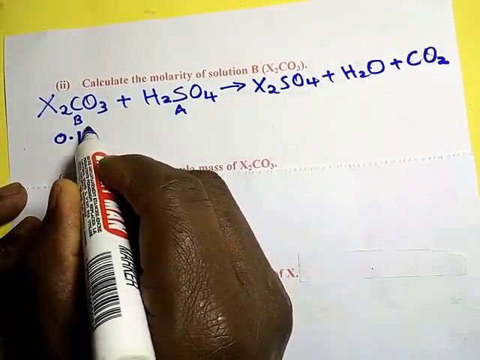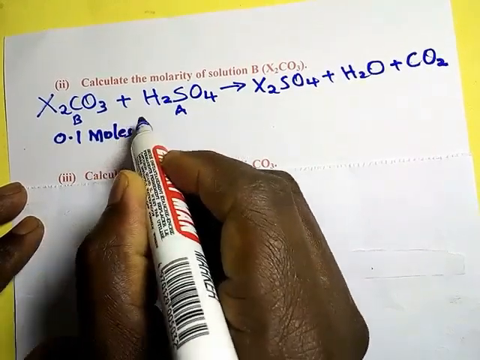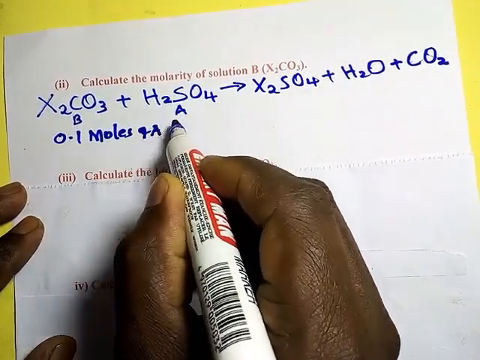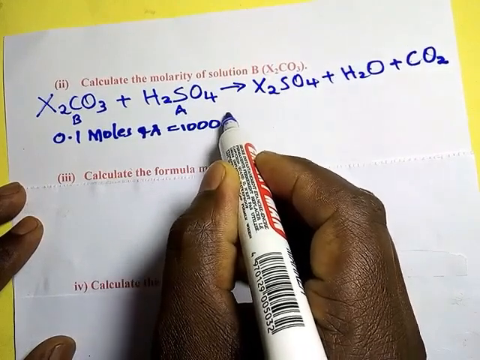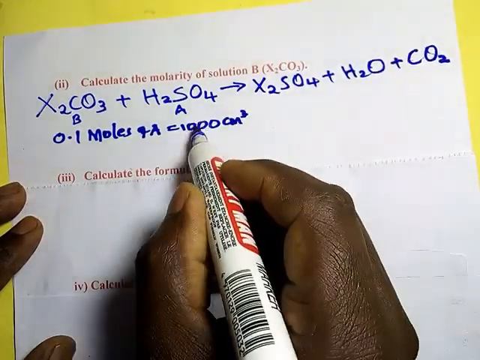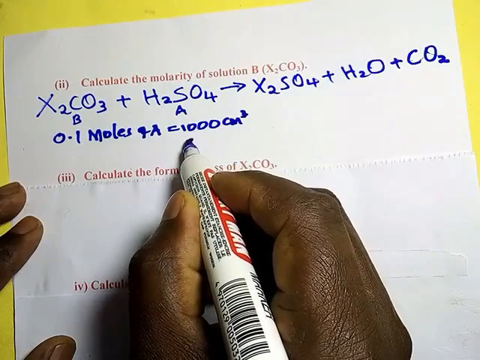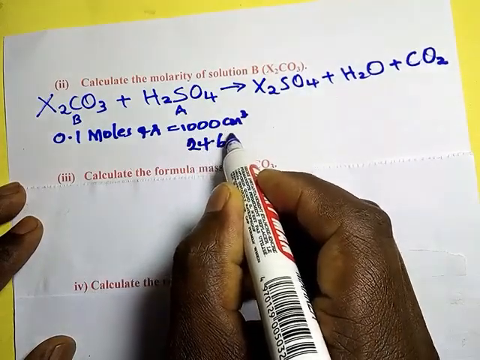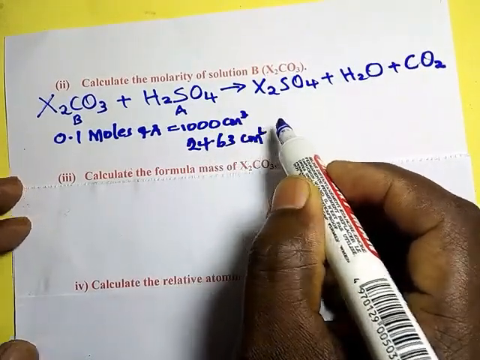So we say 0.1 is the number of moles of A in 1 liter, 1000 centimeters cube. We will ask how many moles 24.63 centimeters cube contains.